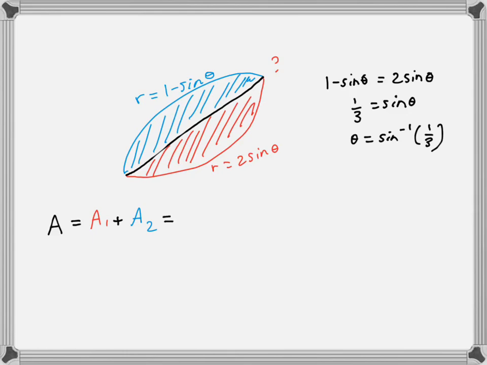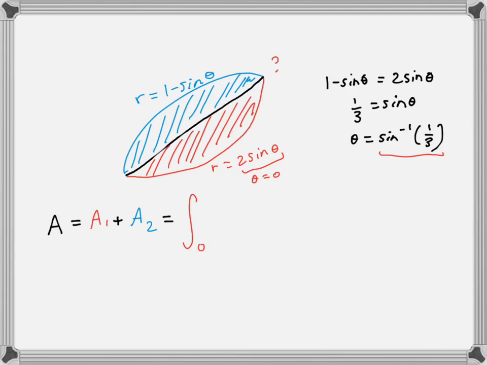So what's A1 going to be? Well, I know that I'm going to integrate from, so here's the thing. When you look at 2 sine theta, when you plug in theta equals 0 for this guy, theta equals 0 is the start of the origin, right? And we know that we're going to end up here.